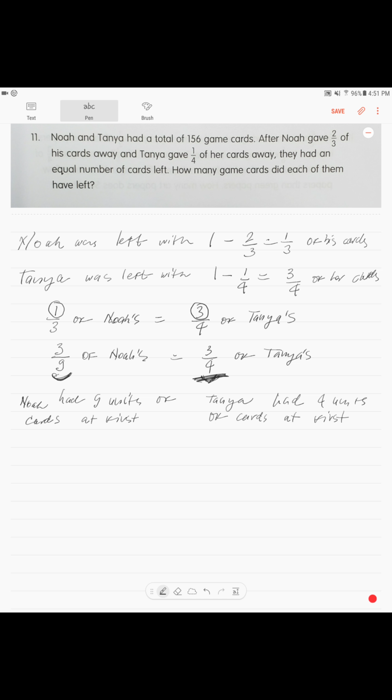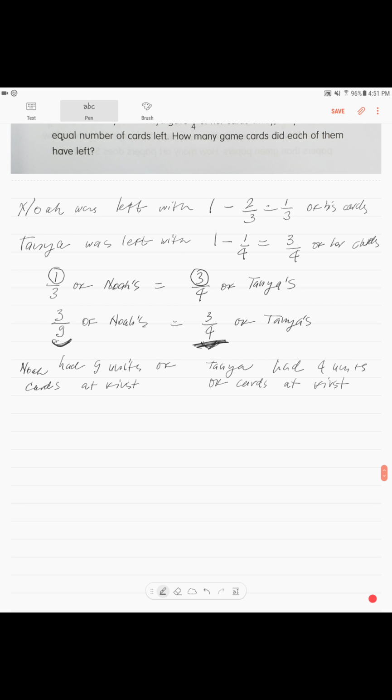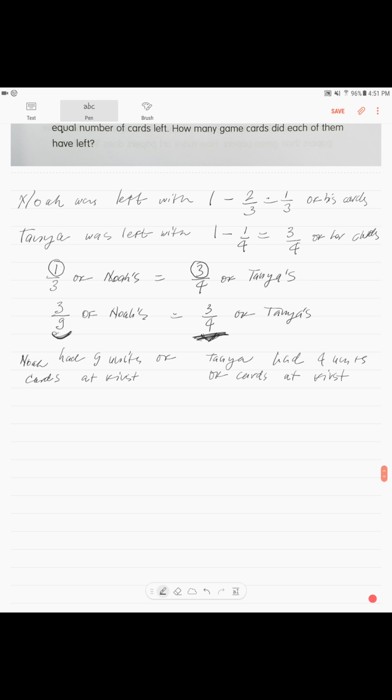Right? We know how many units of cards they had at first. So these 9 and 4 together give us 13 units. Together they had 13 units of cards at first, okay?